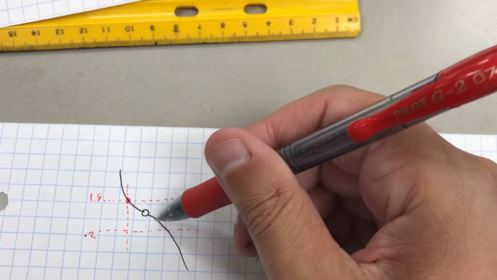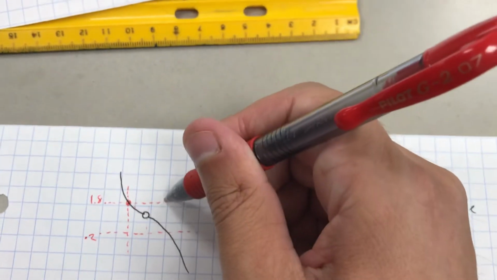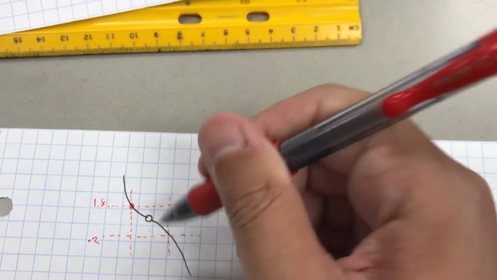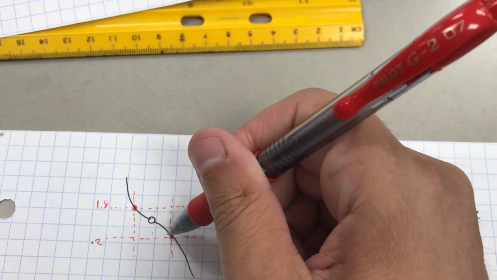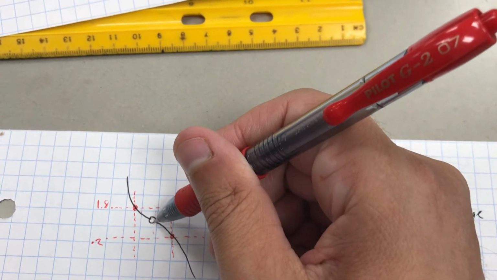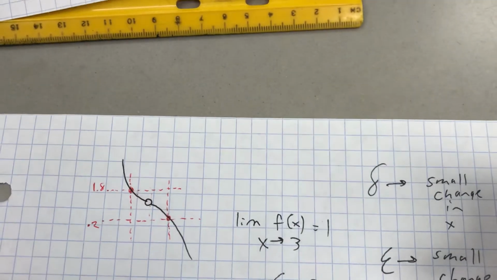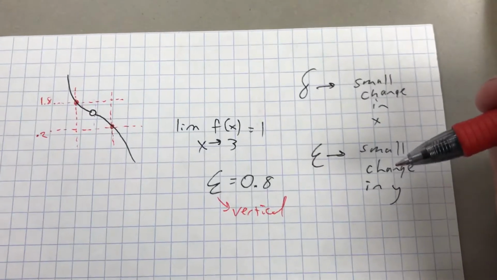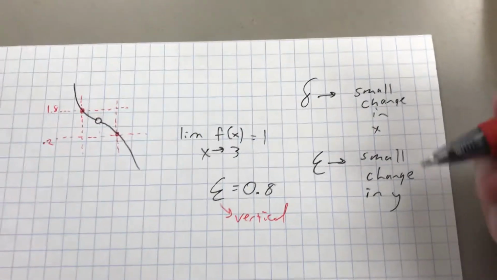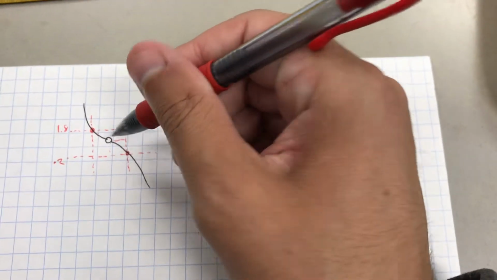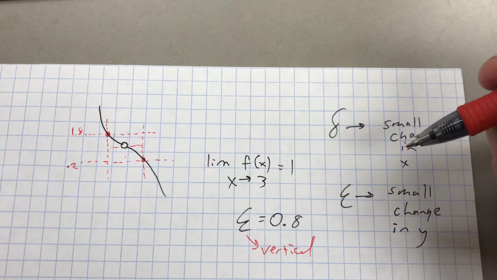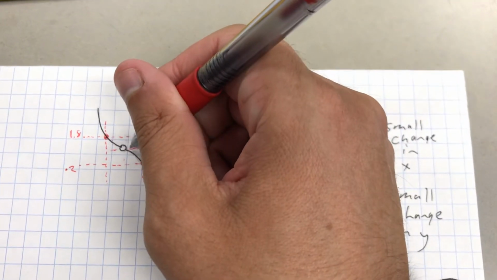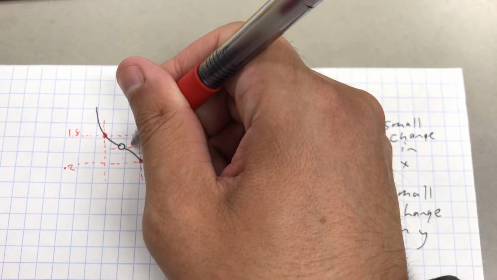All of these points down here to about this point right here are going to be within 0.8 units below my limit of 1. So these are all the values going from 1 down to about 0.2, okay? Delta is a change in the x direction. So we're basically looking at about how wide is it in this direction and about how wide is it in that direction. And based on the scale I'm working with, that width looks like it's probably about 1.